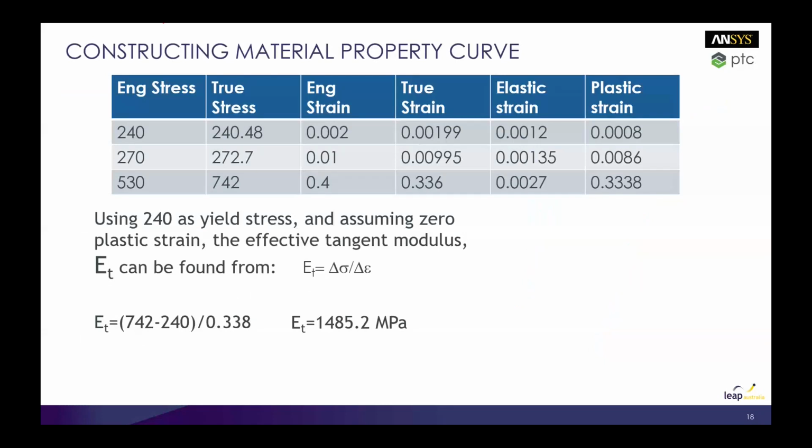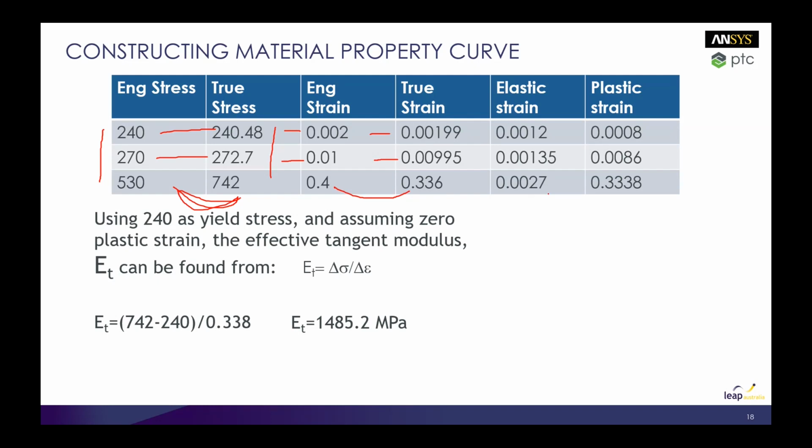If we want to construct a material property curve, we take our engineering stress and convert it to true stress. You can see how these are hardly any different. Then we've got our engineering strain and our true strain. For the yield point, you can see there's quite a difference in the engineering and true stress, and in engineering strain and true strain.